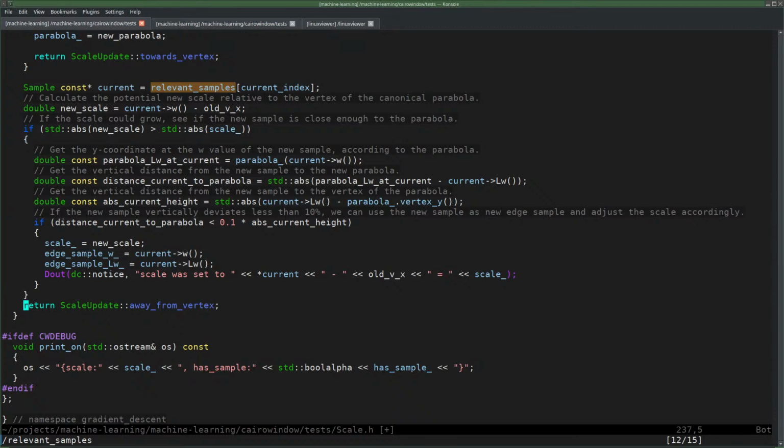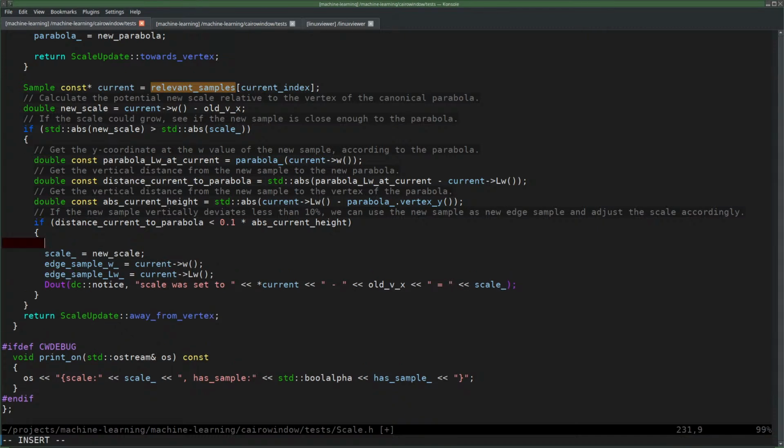And indeed, we are moving away from the vertex. Let's try something.